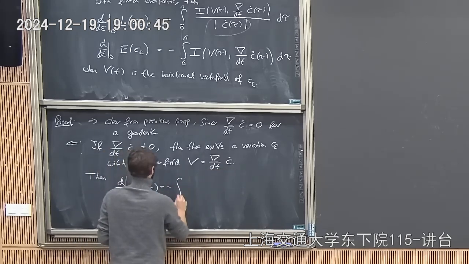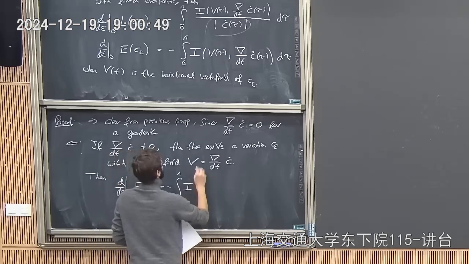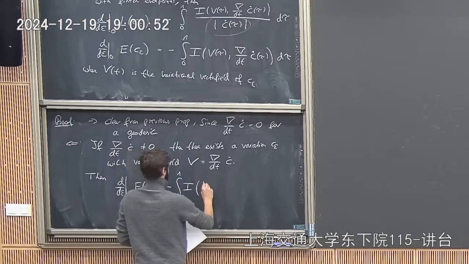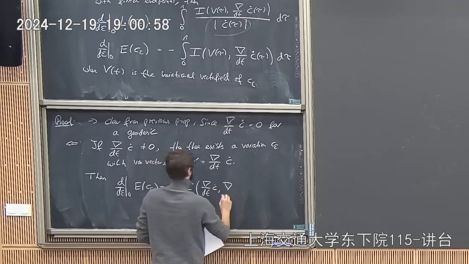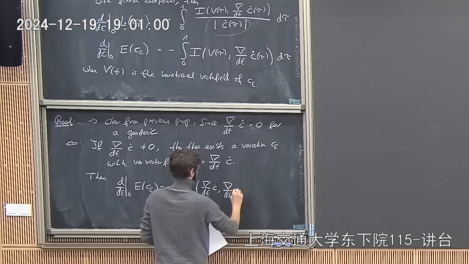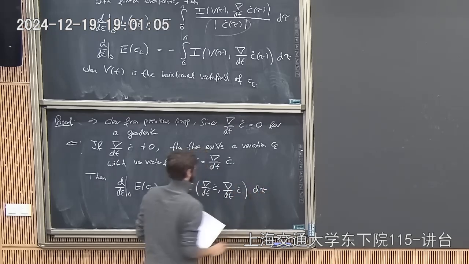So here we have minus, and then here we get the covariant derivative of T, and then we get a second time the covariant derivative of the curve, and then we integrate over time.